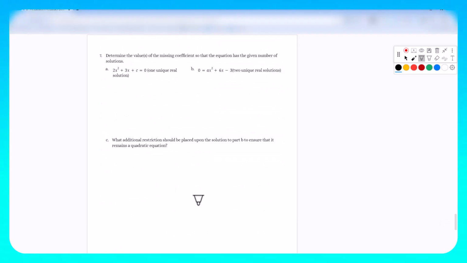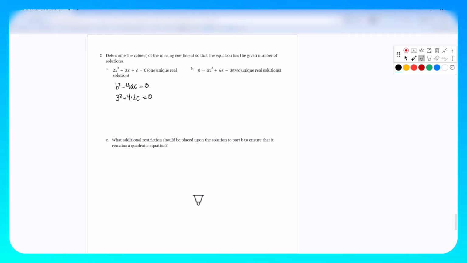And let's look at the last one for today. Determine the values of the missing coefficients so the equation has the given number of solutions. One real unique solution. Well, we know that if b squared minus 4ac equals 0, there's one solution. So b squared is 3 squared minus 4 times a, which is 2, times c equals 0.